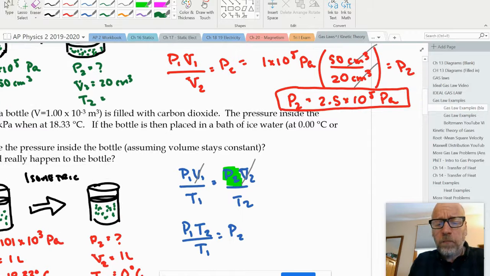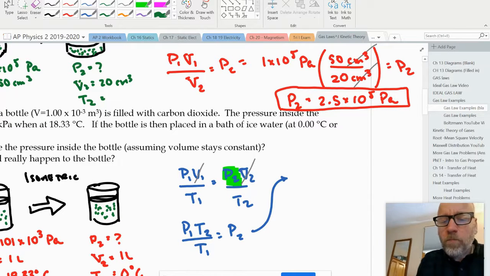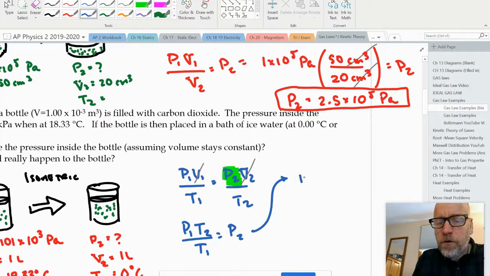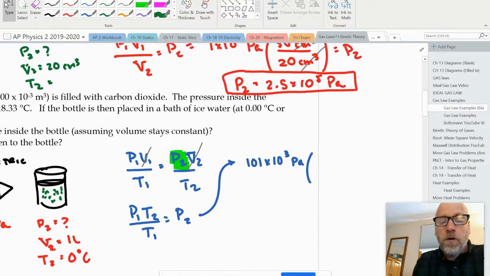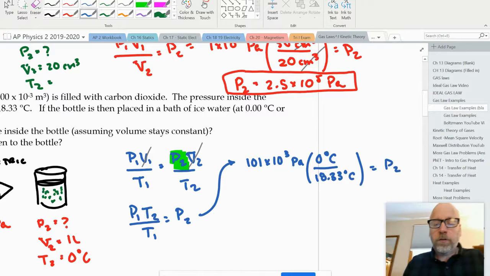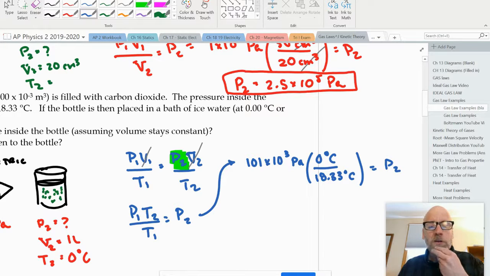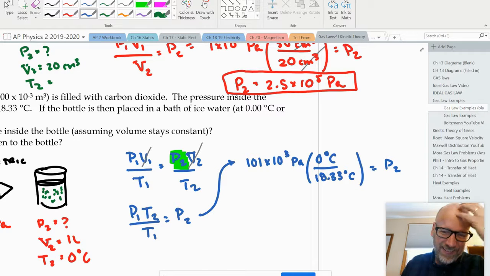Now, I go and plug in my numbers, and I'm going to have 101 times 10 to the 3rd pascals over 0 degrees Celsius and 18.33 degrees Celsius equals pressure 2. So pressure 2 is going to be 0?